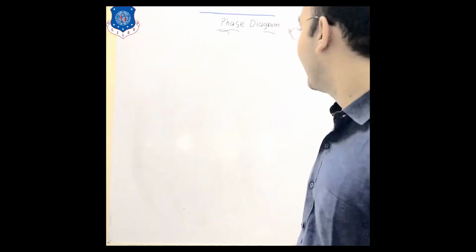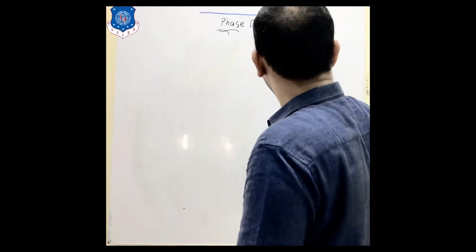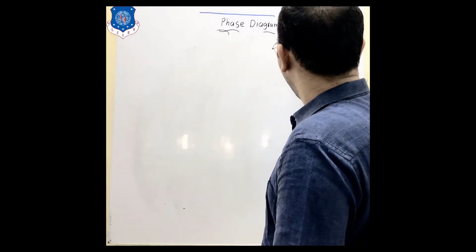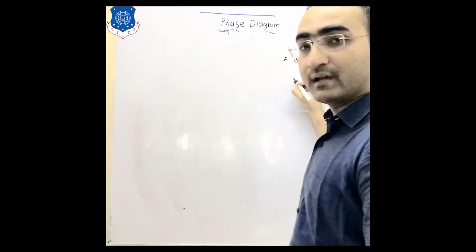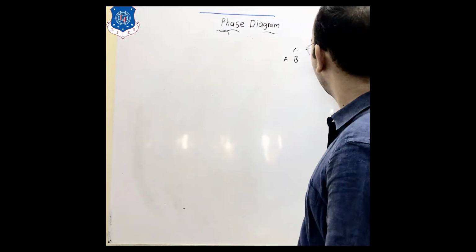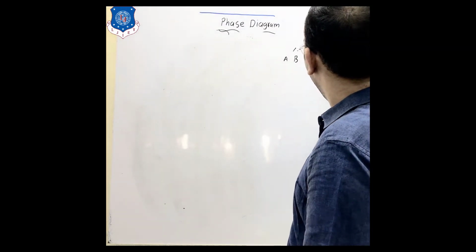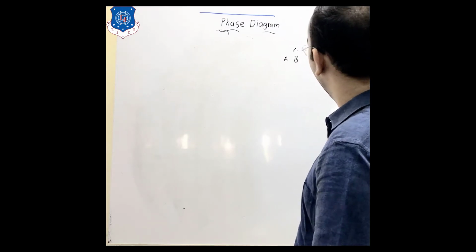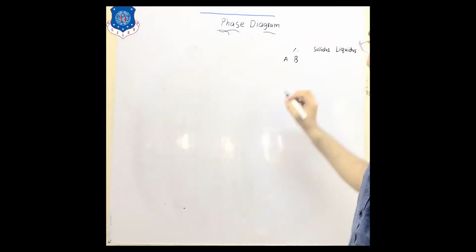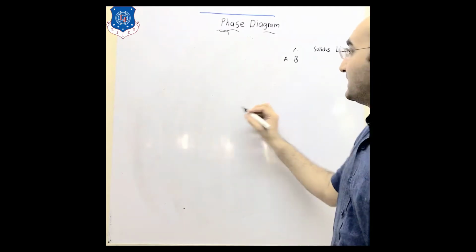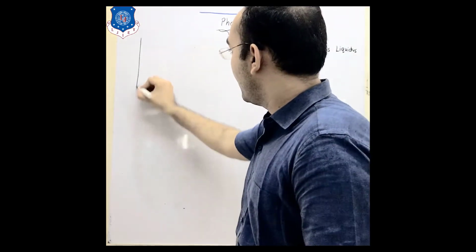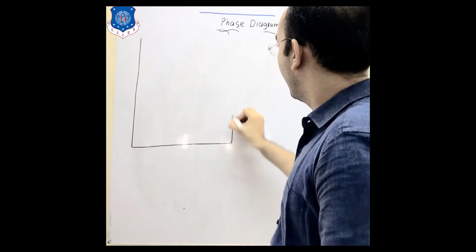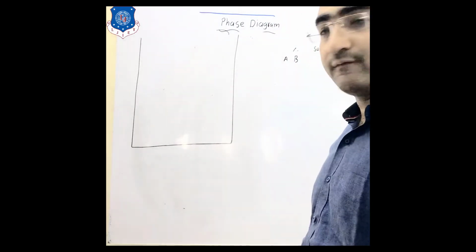For that example, the percentages of A and B are given over here, along with the solidus line and the liquidus line. Let us draw what we require in a phase diagram. First, the U-shaped frame.